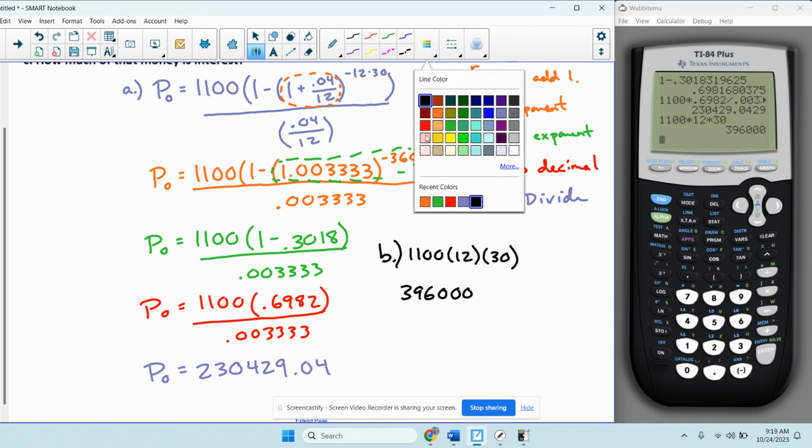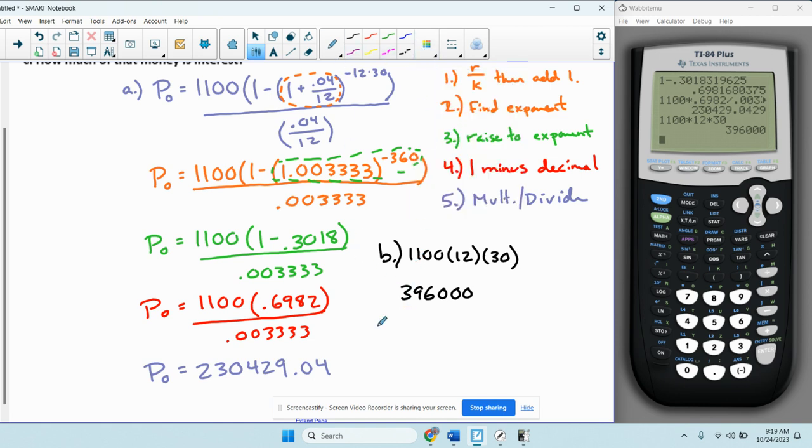And part C is just figuring out how much interest I paid, which is the total amount of money I paid, subtract the price of the house.